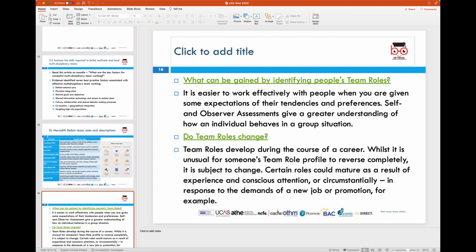So he clearly propagated the idea that in order for people to be effective, they have to be given a clearly defined role, which has both expectations and takes into account their own tendencies and preferences, and this allows the team leader to assign them different roles.